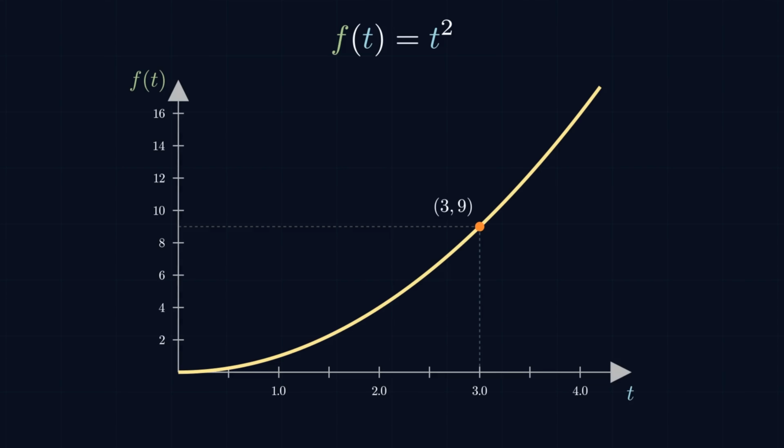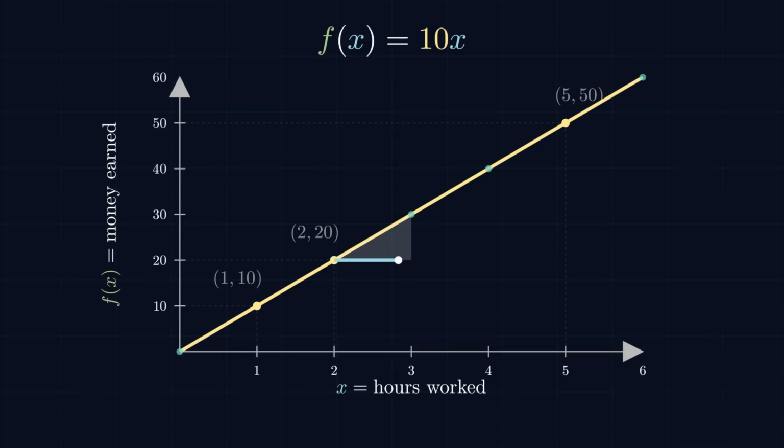To build up the idea of a derivative, let's first focus on one point on this curve. So at t = 3, that is at 3 seconds, the car is 9 metres away from the traffic light. So the point on the graph is t = 3 and f(t) = 9. Now imagine we want to know how steep the curve is exactly here. The problem is that slope usually requires 2 points.